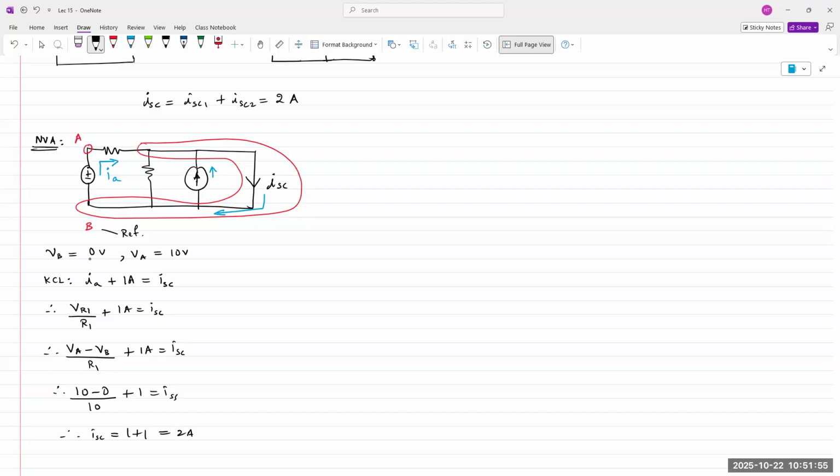Okay? There is no way to cover everything. So every time we make a change in the circuit, the analysis is going to change. The circuit changes, then the analysis changes.